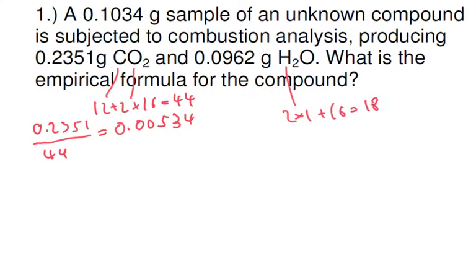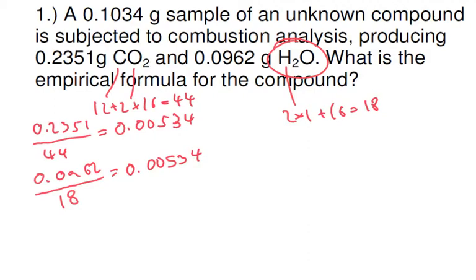So how many moles of water do we have? 0.0962 divided by 18. Well, that's equal to 0.00534 as well. Now, for each mole of water, we actually end up getting 2 hydrogens.